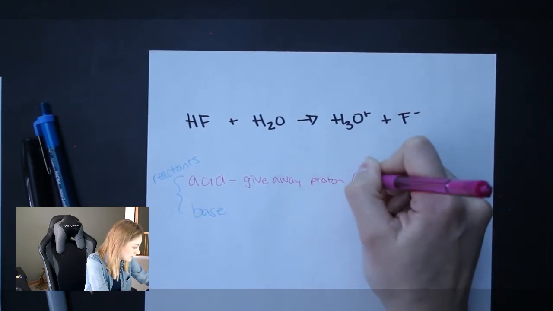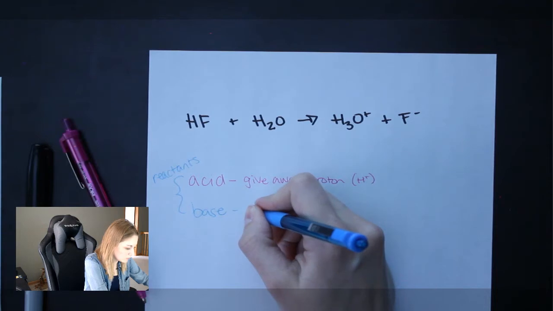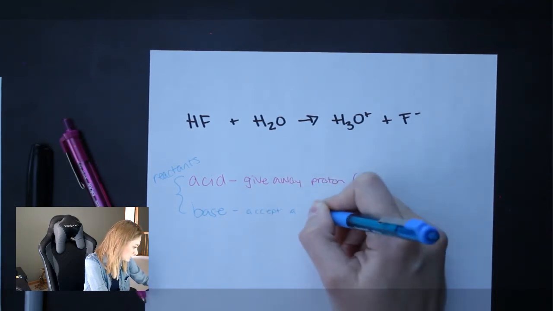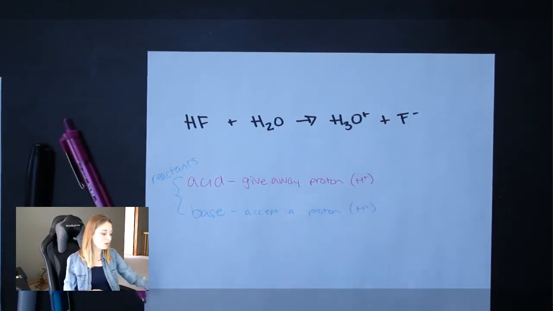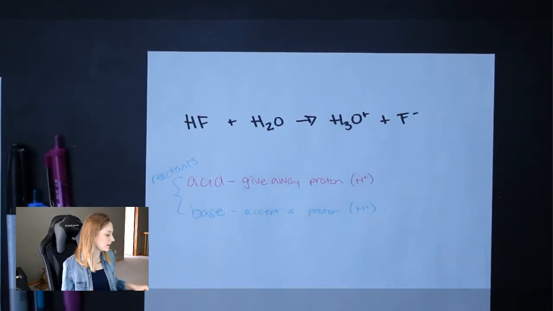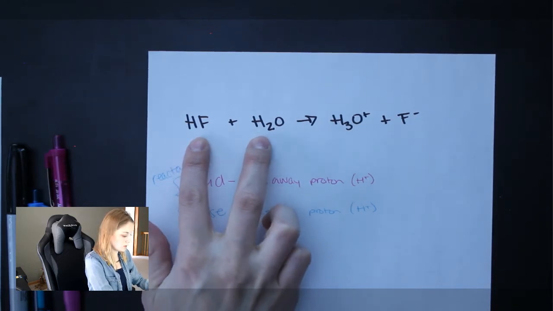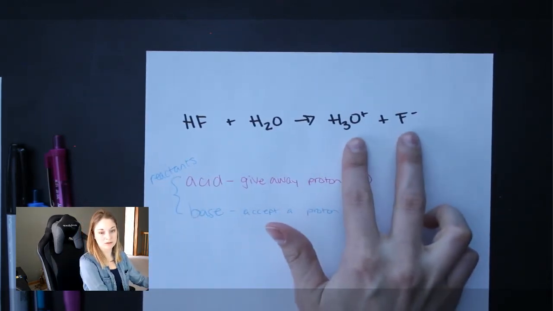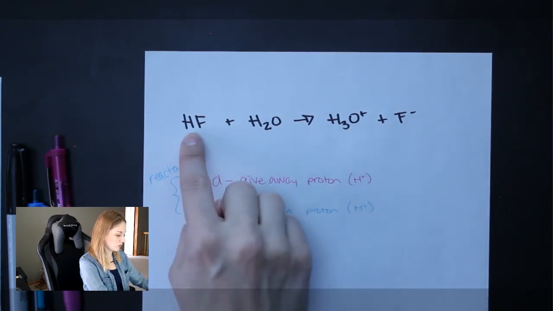And in this case, it's always going to be an H+, and bases are always going to accept a proton. And again, it's going to be that H+. So what you want to do when you're identifying these is you want to figure out which of these two could give away a hydrogen and which of these two could gain a hydrogen. Now here we already have the answer. So I know that my fluorine is what lost a hydrogen.